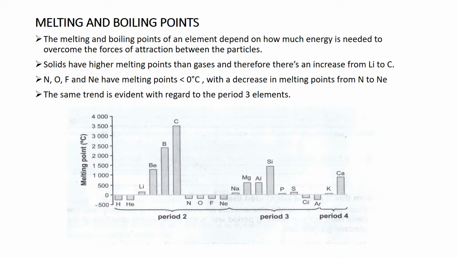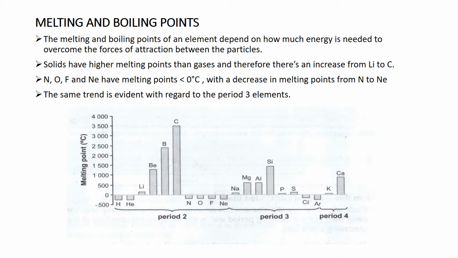So remember, nitrogen, oxygen, fluorine, and neon, as we saw on the previous slide when we looked at density, are gases. So the forces of attraction between gas particles, we did this when we did the states of matter, and we said that gas particles have weak forces of attraction between them.